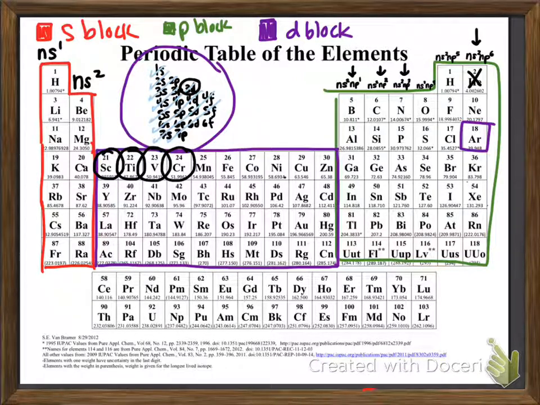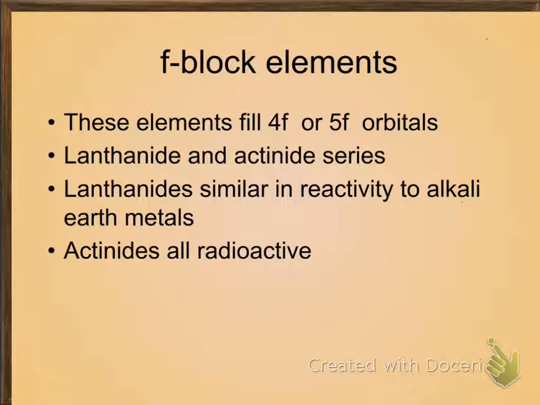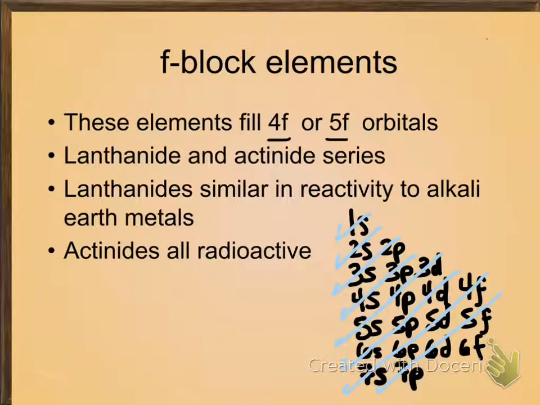Wait a minute. The F block, hold it. The F block are actually filling those 4f and 5f orbitals. This is what happens after we filled 6s. We go to 4f and we fill 4f, 5d, 6p, 7s, and then 5f.